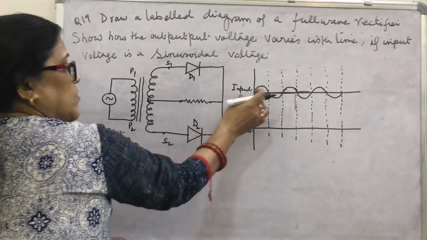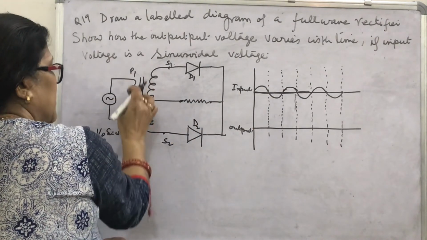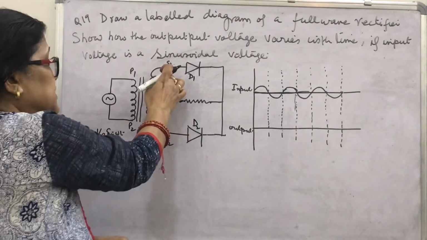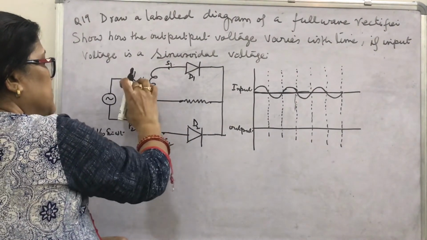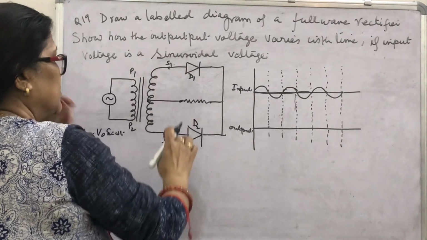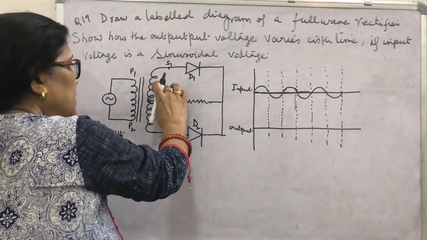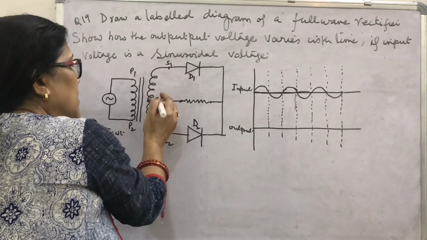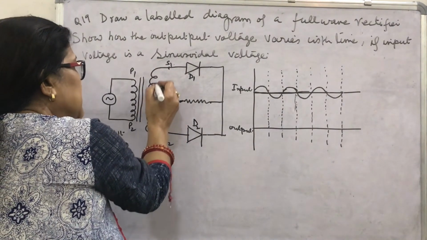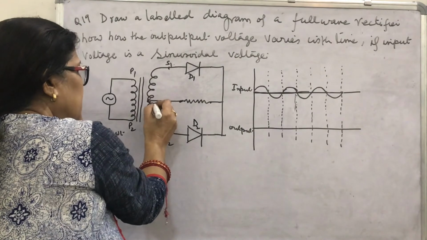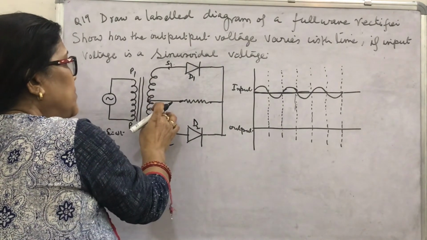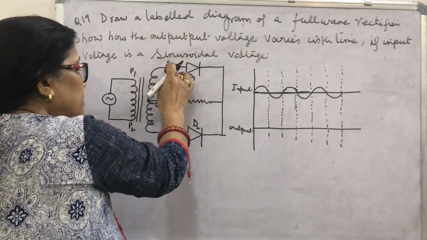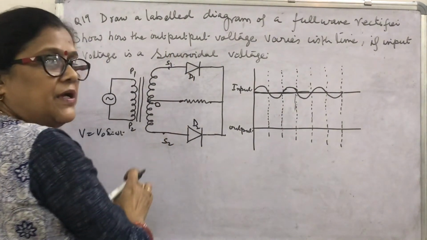Whenever the input voltage is applied across the primary, due to mutual induction, the working of the transformer, across the secondary coil we get the voltage induced due to the primary coil. Suppose this is S1 and you put here the name O. With respect to O, when S1 is positive, then S2 will be negative.